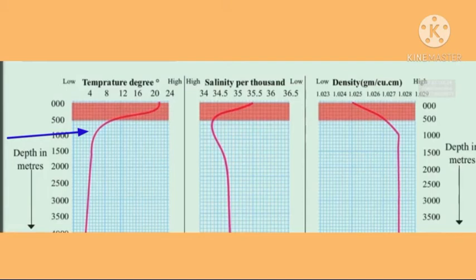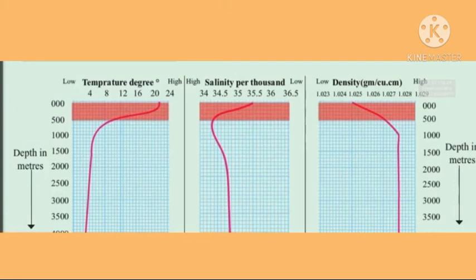Explain the correlation between all the three factors. We have already learned that the temperature, salinity and density will vary up to 500 meter depth, and if temperature is increasing, salinity is also increasing. If low temperature is there, we can see the salinity will also be less. And again, if temperature is increasing, the density of water may decrease.